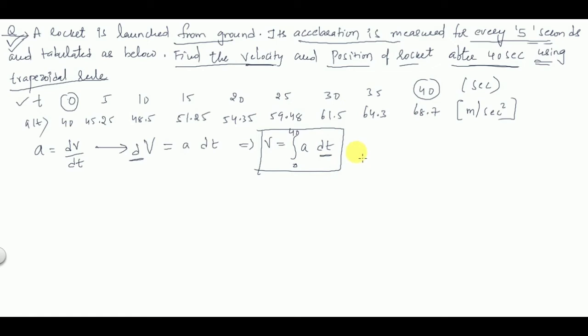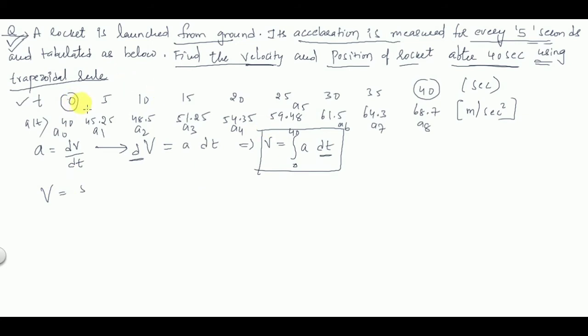So this is your a0, a1, a2, a3, a4, this is a5, a6, a7 and a8. Using trapezoidal rule only, v is equal to h by 2.